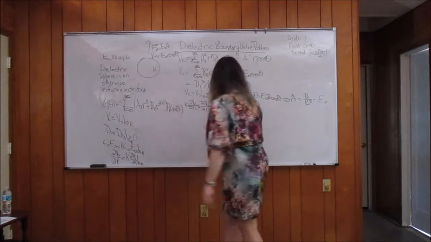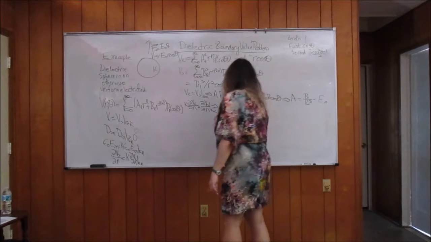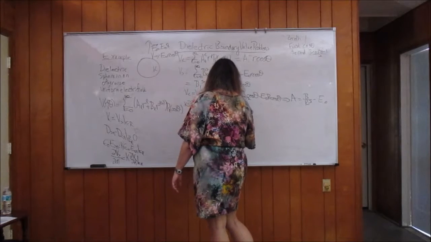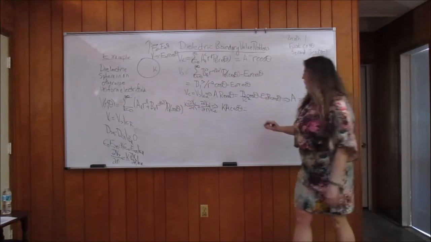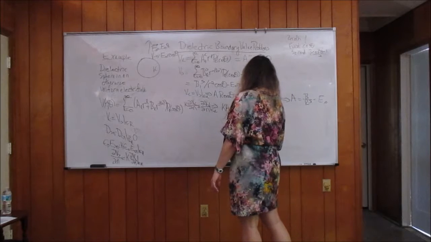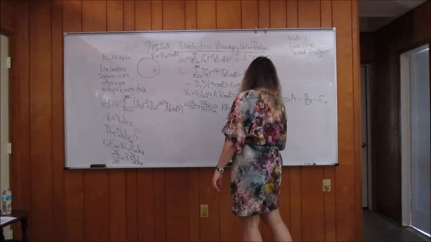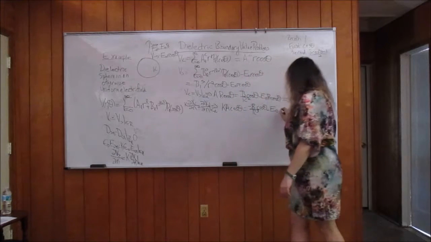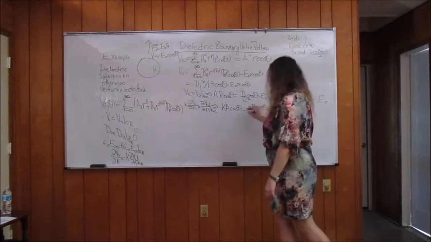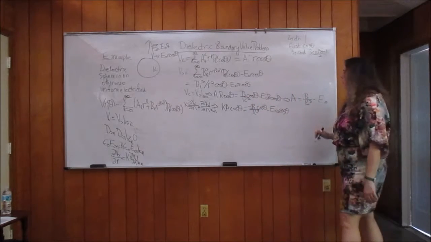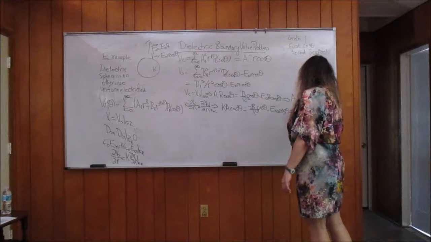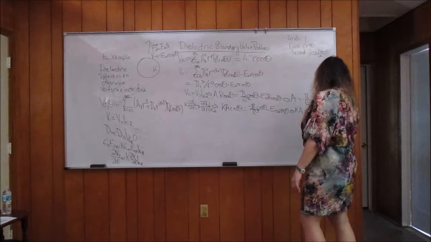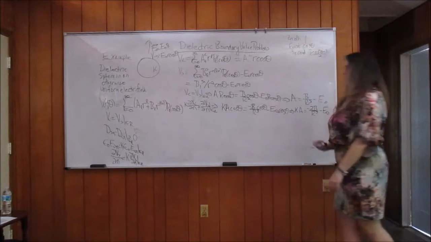it implies that we have Ka cosine theta is equal to minus 2b over R cubed cosine theta minus E naught cosine theta. All the cosine thetas cancel out, and we'll be left with Ka is equal to minus 2b over R cubed minus E naught.